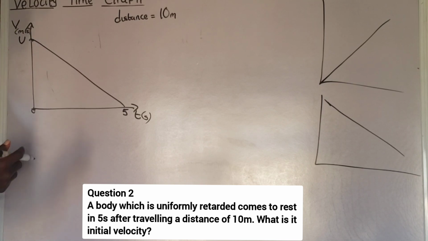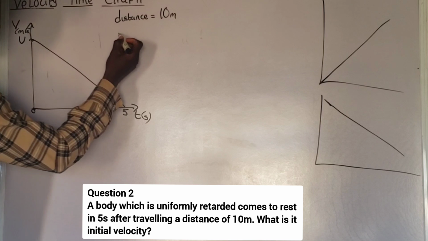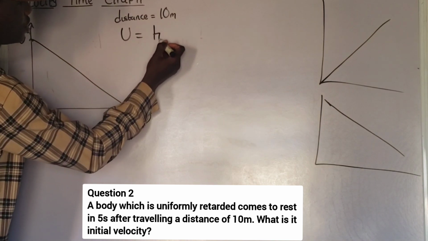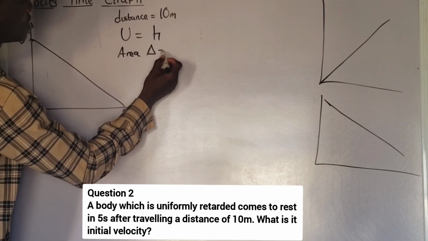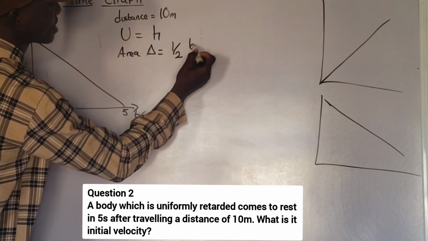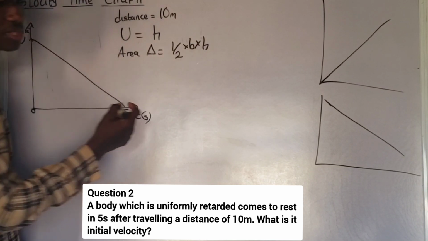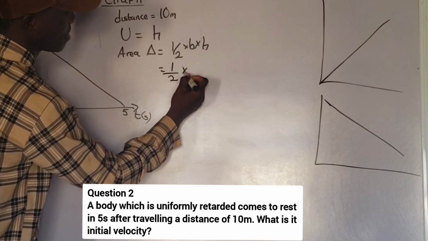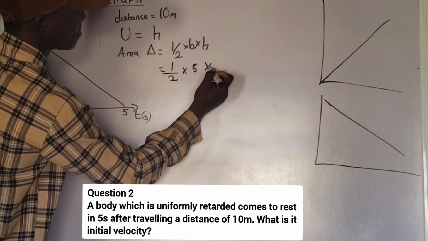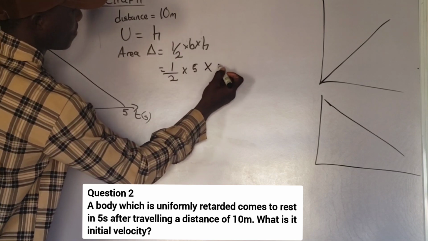Okay? So let us calculate the initial velocity. The initial velocity is the height. Initial velocity u equals h. You understand? And the area of a triangle is equal to half base times height, like we did in the previous question. So I'm going to have 1 over 2 multiplied by base, which is 5, multiplied by height, which is h.